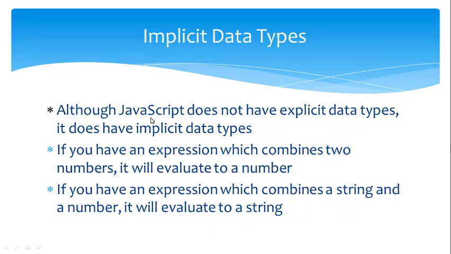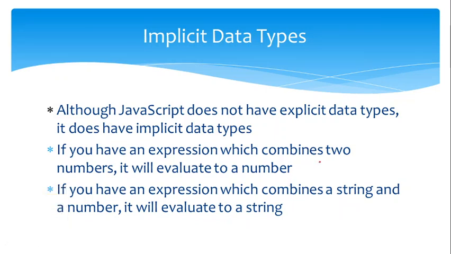Implicit data type. Although JavaScript does not have explicit data type, we don't have any extra outside data type, it does have implicit data type. If you have an expression which combines two numbers, it will evaluate to a number. If you have an expression which combines a string and a number, it will evaluate to a string.